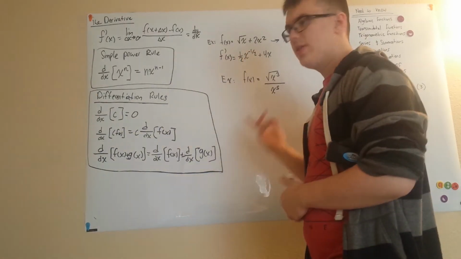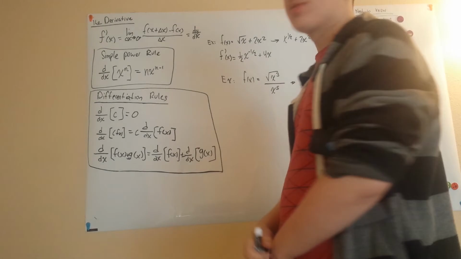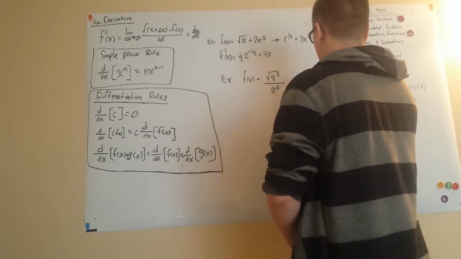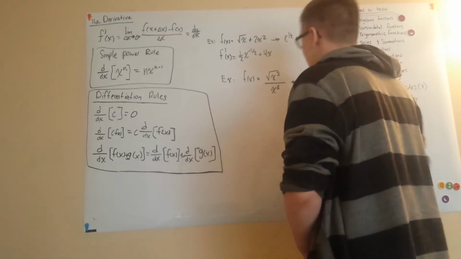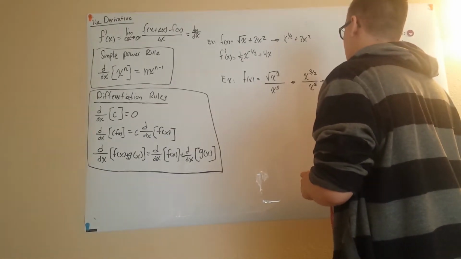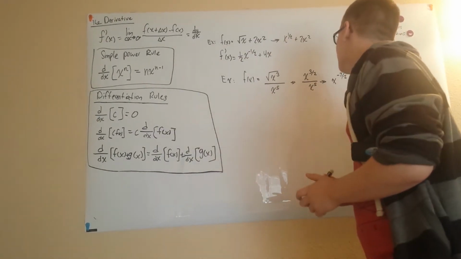Let's differentiate this. Well, this doesn't look like any of my rules. Let's write it as a rational exponent. We can simplify this even more. This is negative 7 halves.